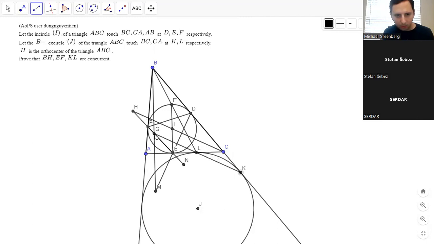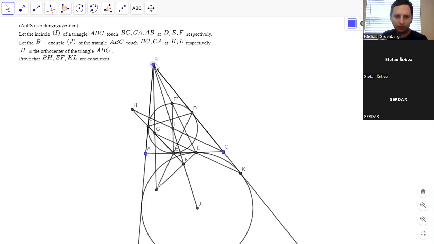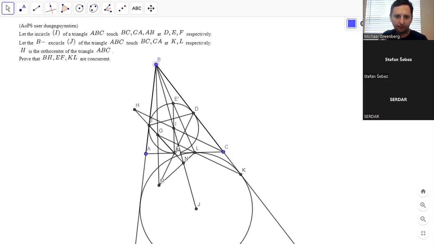What was N? So yeah, it looks like these all concur at a point.